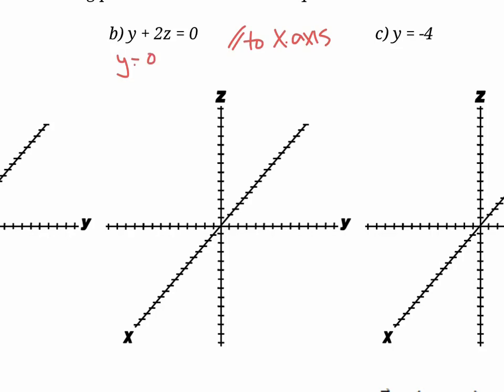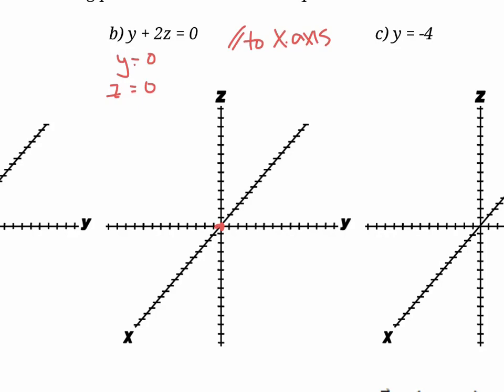Because that second part disappears. And if we want to find the z-intercept, we set y to 0. So then the y will go away and z equals 0. So essentially we know that 0, 0 on the yz plane is going to be on the graph.